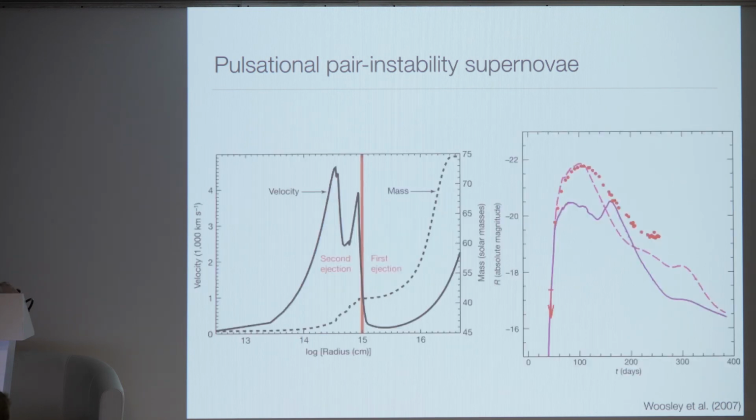What's interesting is that if this pulsation happens very soon after the other one, there can be some mass ejection at first, with some velocity, and immediately after that you can have a second ejection, another pulse, that may have a faster velocity. So this is velocity, and this is the mass distribution from this pulsation.